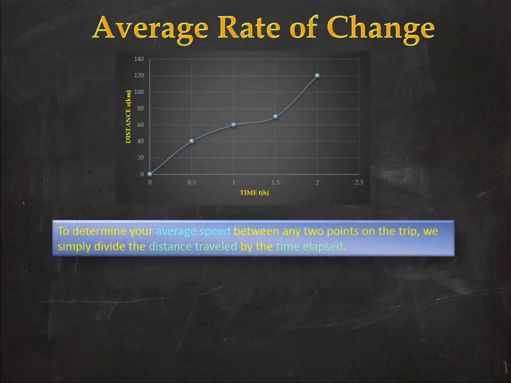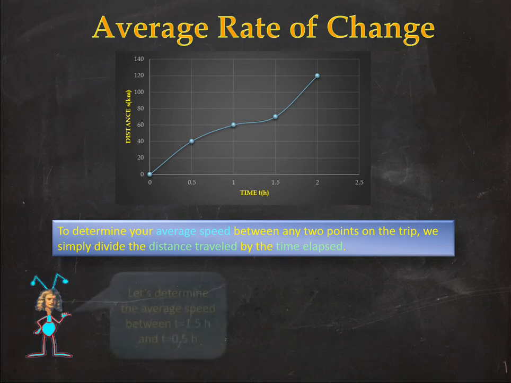Now, I don't have to pick the beginning and ending point. I can actually pick any 2 points on my trip. And my average speed or my average velocity is going to be simply the distance traveled divided by the time elapsed.